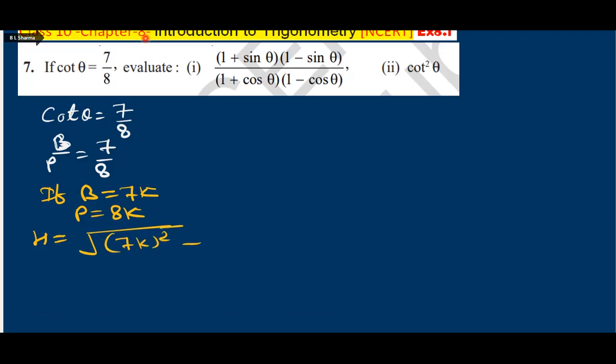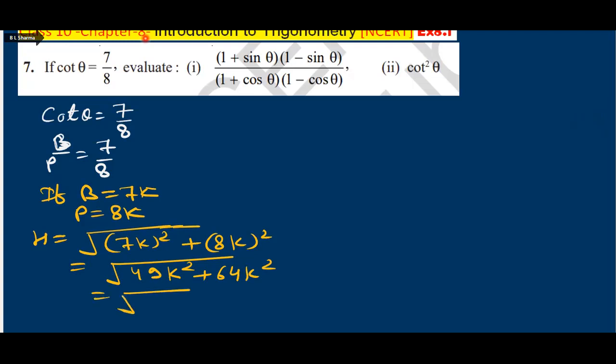7k square plus 8k square, that is 7 7 जा 49 k square plus 8 8 जा 64 k square.